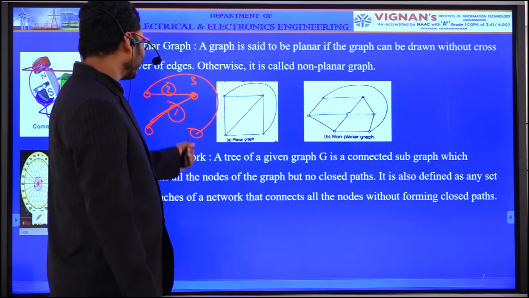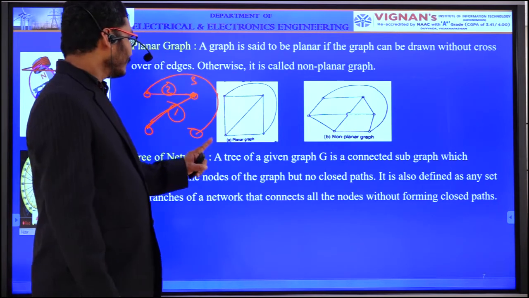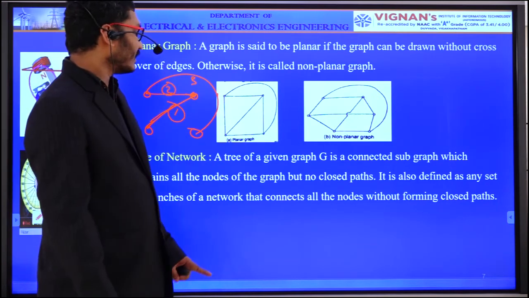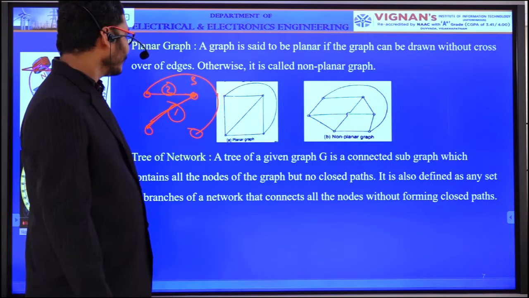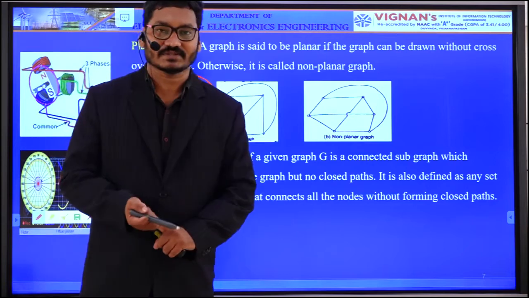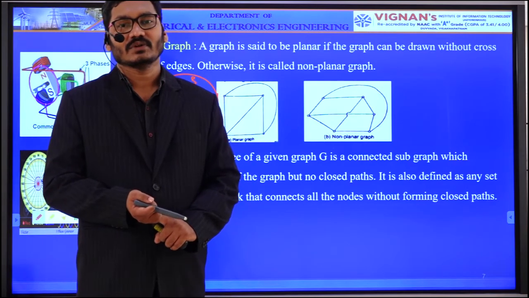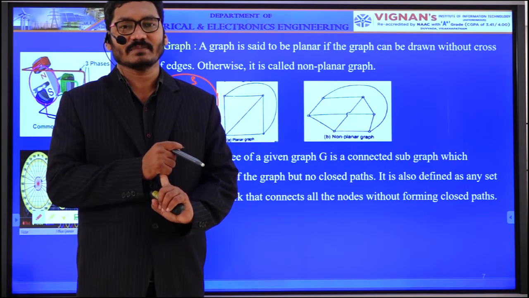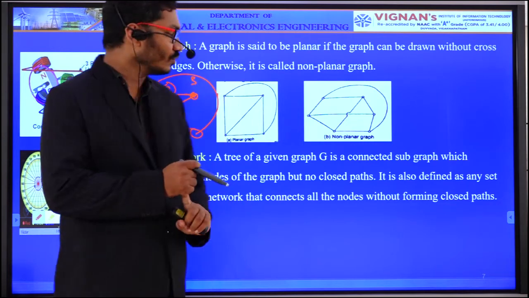So in this case, a tree of a given graph is a connected subgraph which contains all the nodes of the graph but no closed paths. You have to cover all the nodes, but it should not make loops or closed loops.